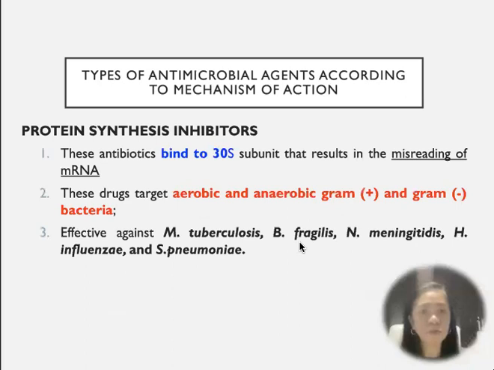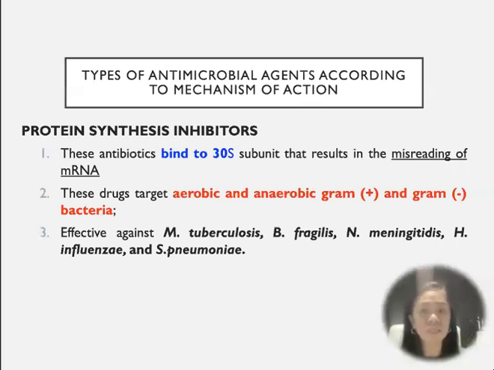Okay? So next are the protein synthesis inhibitors. These are those that are able to bind to the smaller ribosomal subunit.